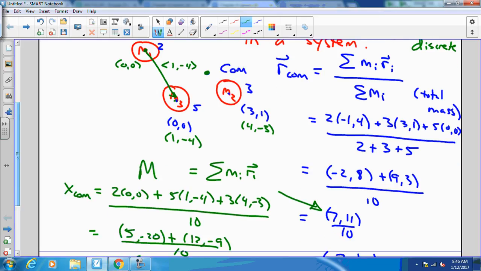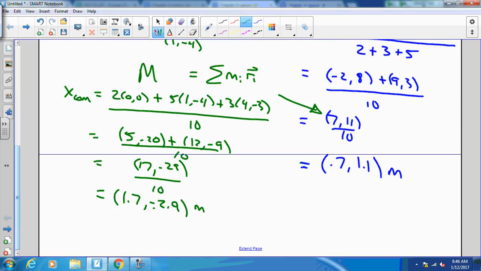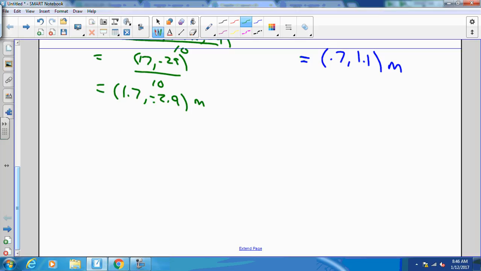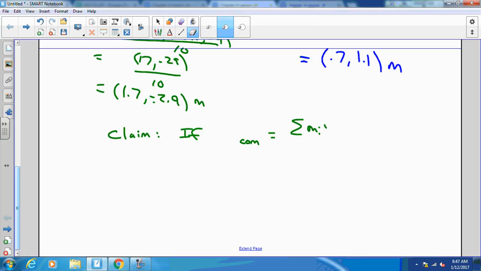We wonder if we got lucky here, so let's actually generalize it with a proof. Claim. Well, let's do it with Mars. I always forget.